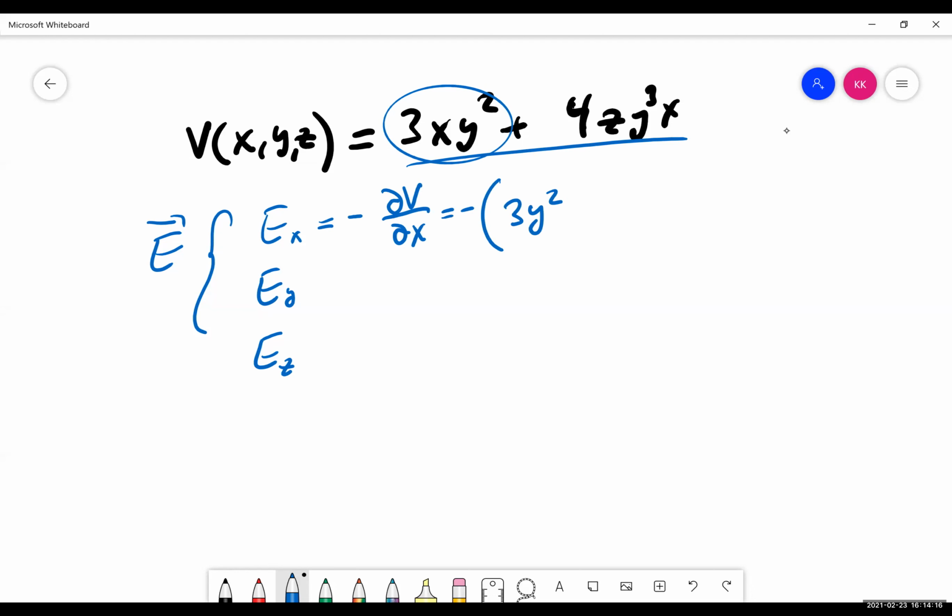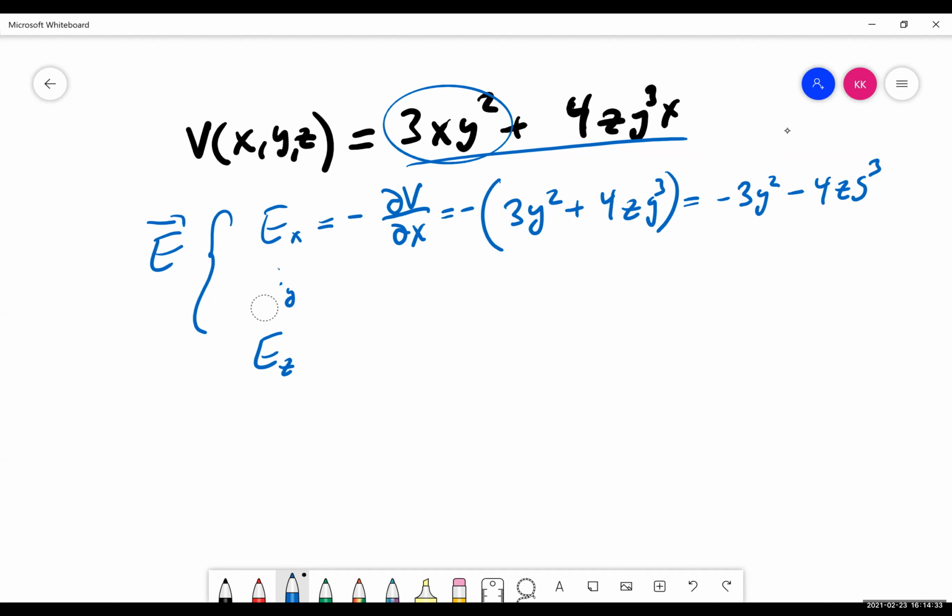Everything else is a constant. Then plus 4zy cubed x gives me 4zy cubed. And then finally put the negative, so it becomes negative 3y squared minus 4zy cubed.